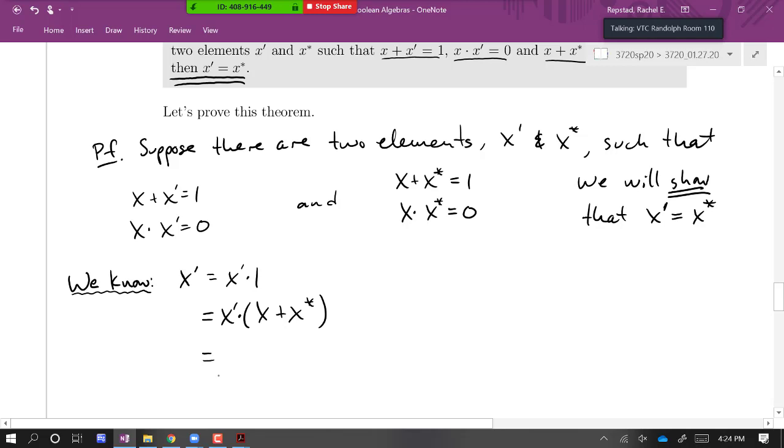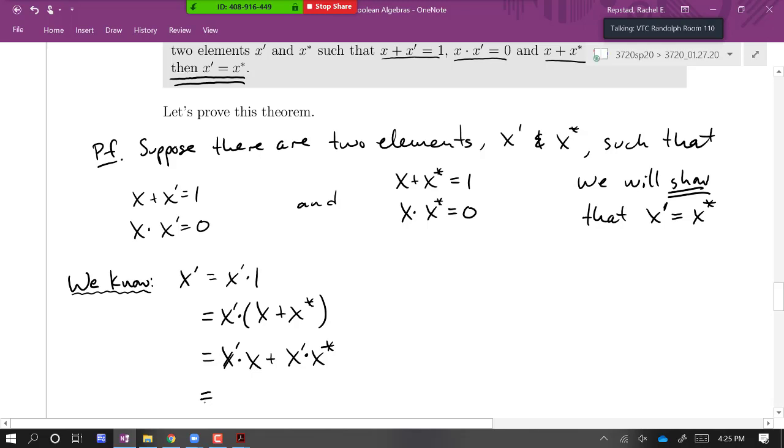And now we'll use the distributive property. What do I get if we use the distributive property here? x prime times x plus x star times x prime. What is x prime times x?